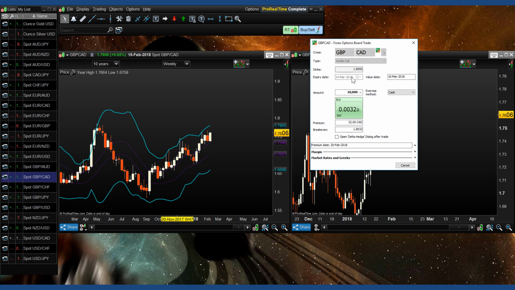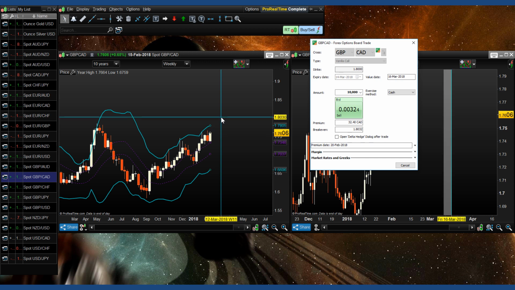It might push over that during the lifetime of the trade, but on the 14th of March, which is 4 weeks away, I think that the probability of it closing above 180 is very slim. And in fact, my break even is just a little bit higher than that, 180.32. So that gives me a little bit more protection.